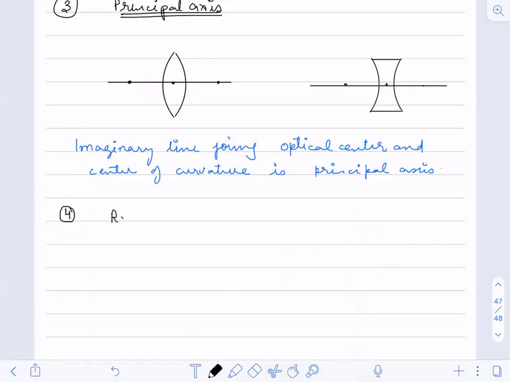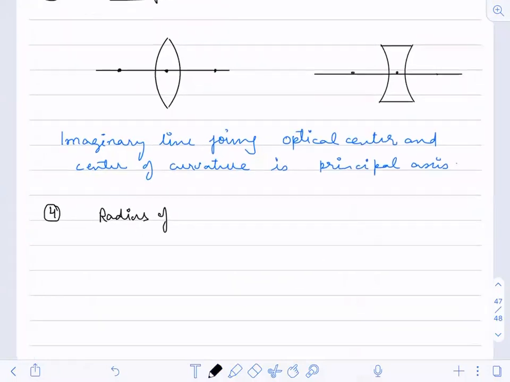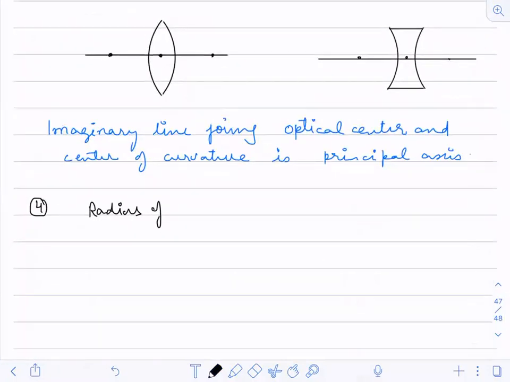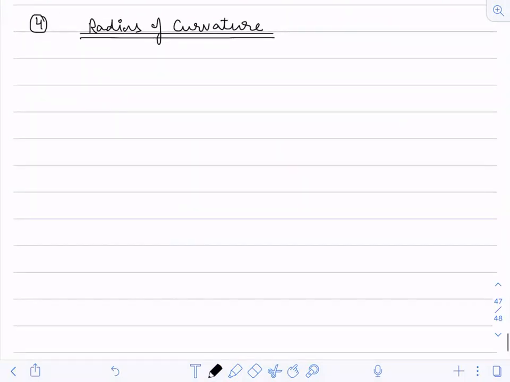If you have understood center of curvature, can you tell me what is radius of curvature now?